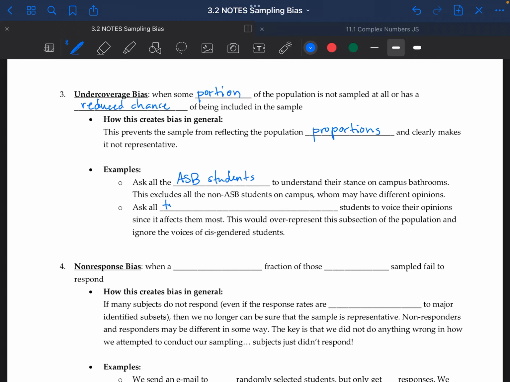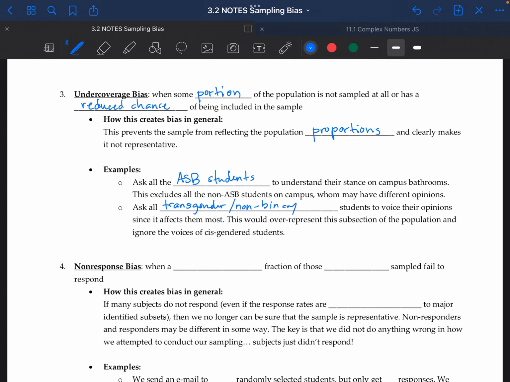Or, this is a really good one, ask all transgender and non-binary students to voice their opinions. Again, at first this seems like a great idea because you start thinking, who uses the gender neutral bathrooms? Who really benefits from this? Our transgender and non-binary community.